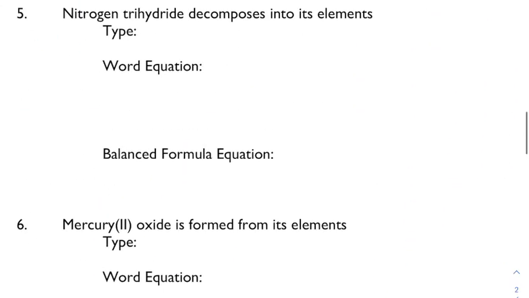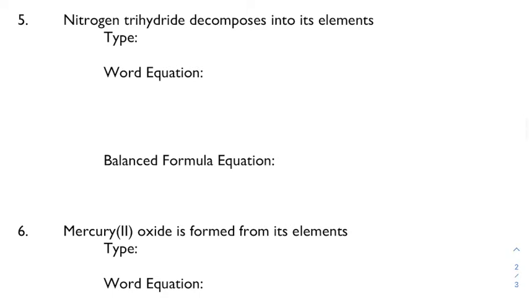All right, number 5. Nitrogen trihydride decomposes into its elements. So right off the bat, they give us a clue. Decomposes. So that means the type is decomposition. So nitrogen trihydride, that's a covalent structure. It's NH3.